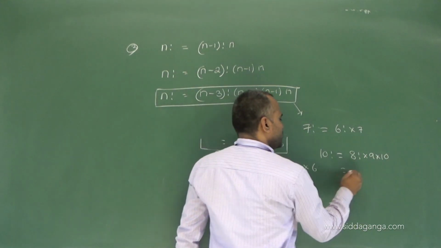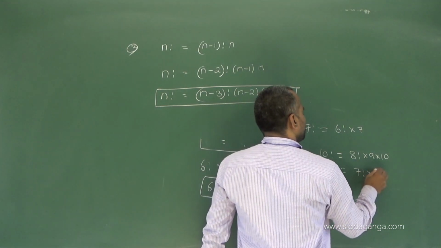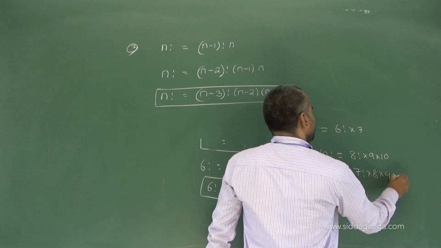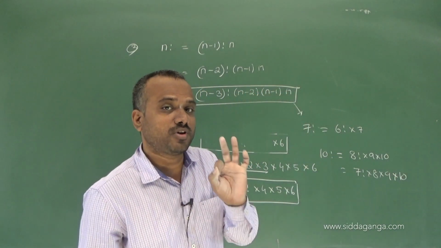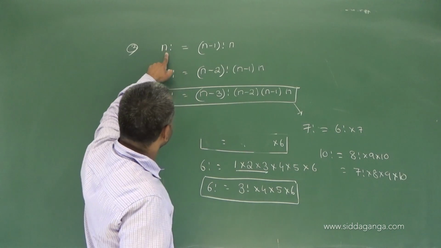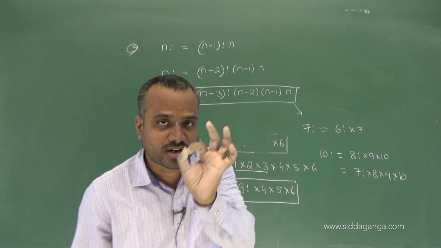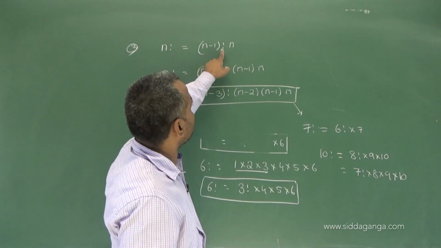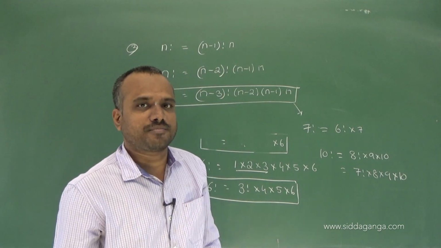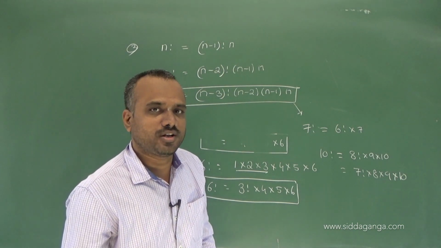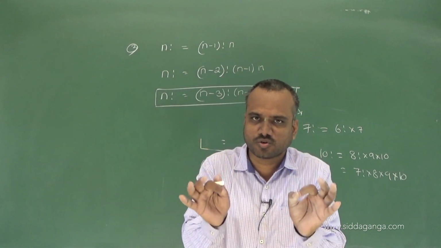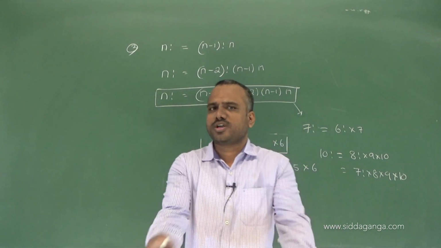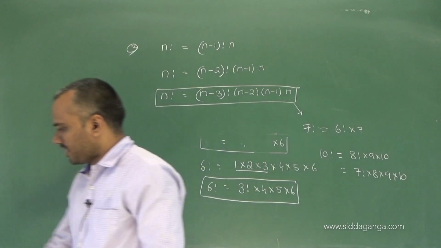That also we can write as 7 factorial into 8 into 9 into 10. This is a very important concept, that means n factorial we can write as n minus 1 factorial into n. These are all about the concept of factorial notation. Okay, we take the problems one by one.